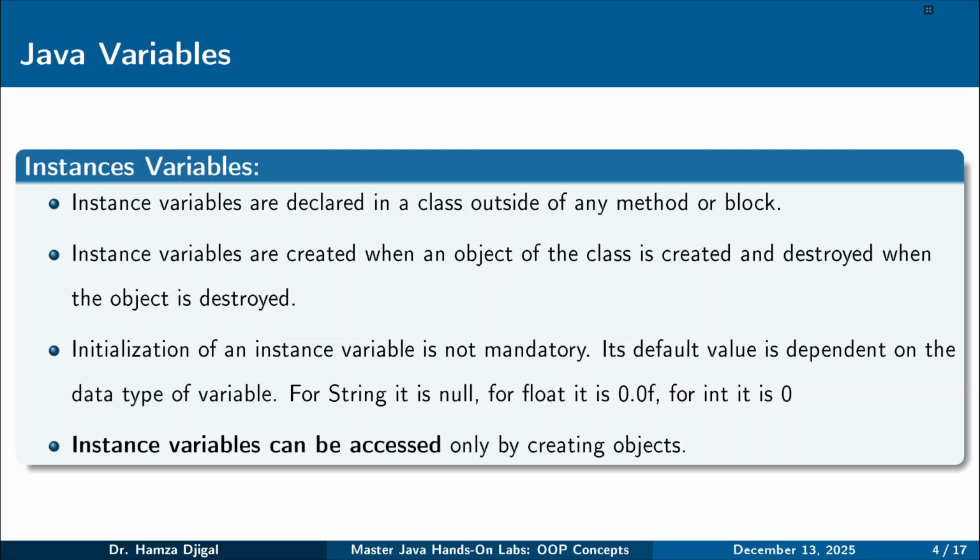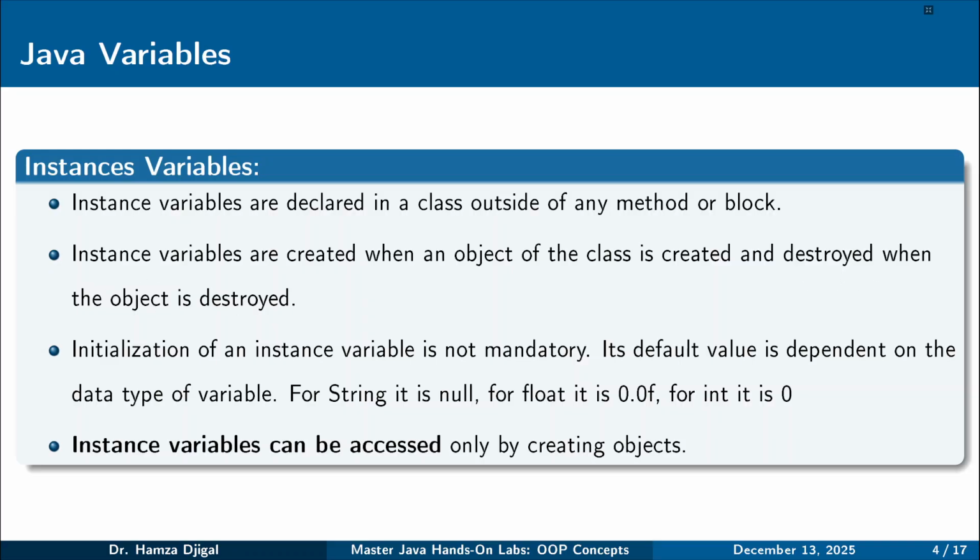The next one is the instance variable, which is a variable declared in a class without any method or block. So it is declared directly inside the class, not inside any block or method. This variable is created when an object of the class is created and destroyed when the object is destroyed.